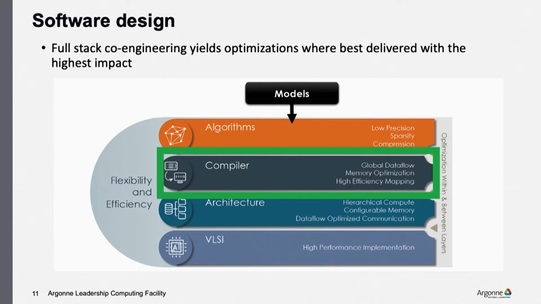The architecture has hierarchical compute and configurable memory, as we said in the last slides, and it also has data flow optimized communications between different PCU and PMU. And for the hardware, the VLSI, they have very high performance implementations. All of those combine into very flexible and efficient hardware for SambaNova.